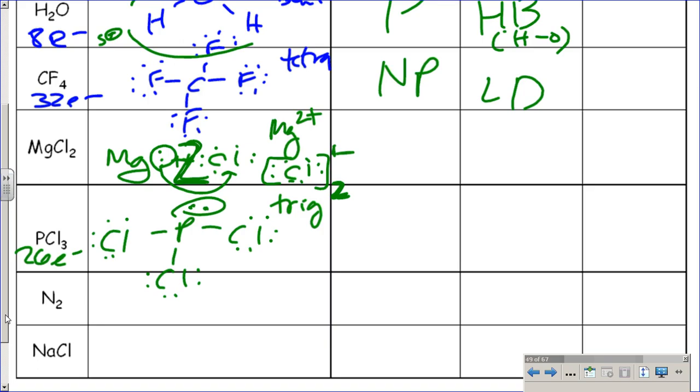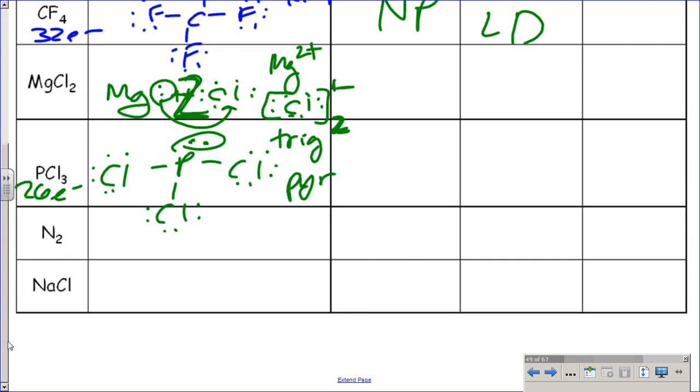It's pushing away the PCl bonds. So trigonal pyramidal. Nitrogen down here, N2. What does that look like? Triple bond, right. It's got a bunch of electrons between them. That one you drew in your lab. Last one?